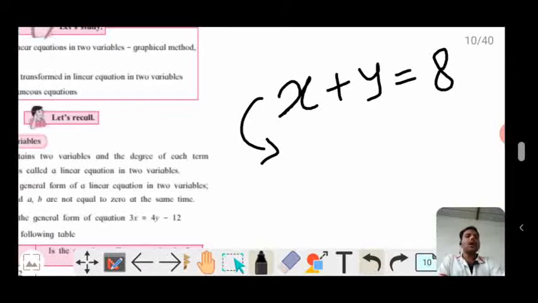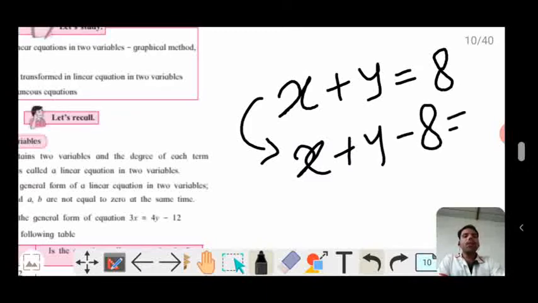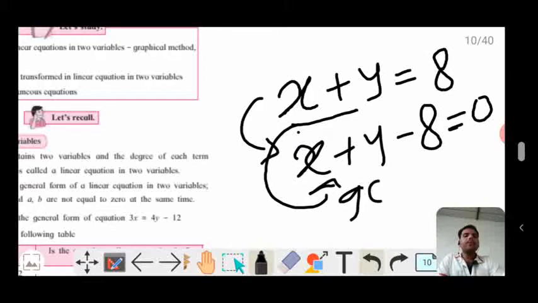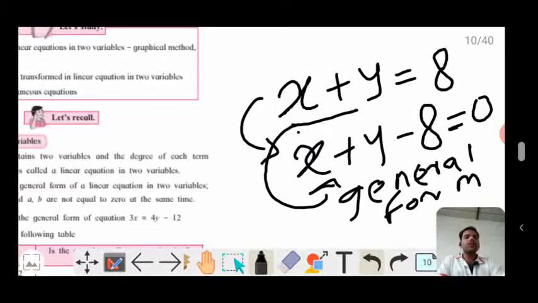So let's see how this equation reduces to general form. x plus y minus 8 is equal to 0 is the general form of this linear equation. Okay, so you understand. So let's see next.